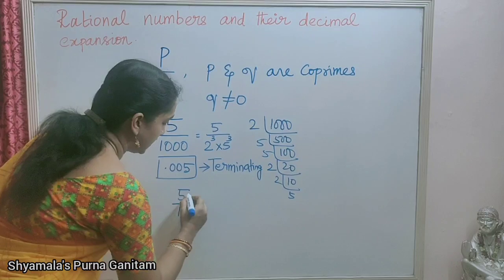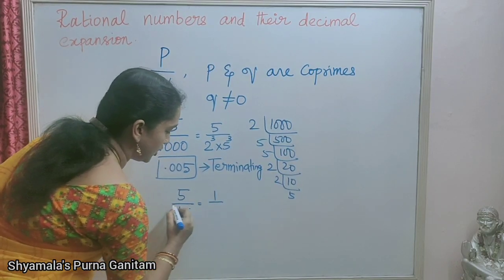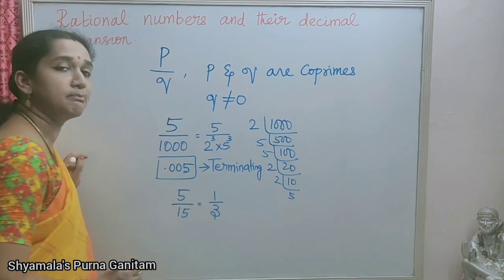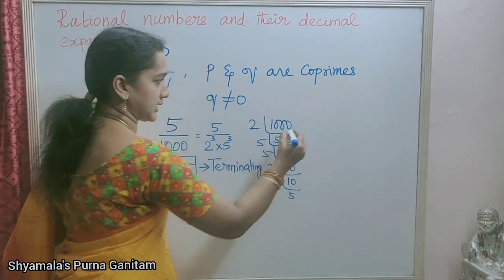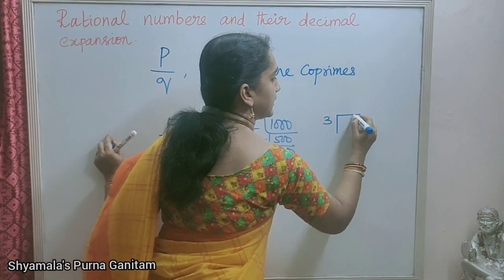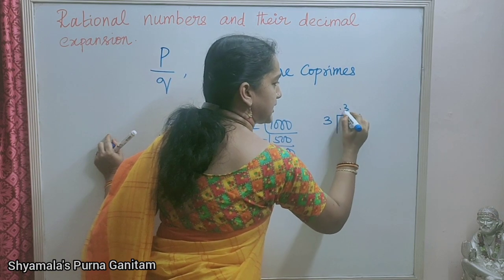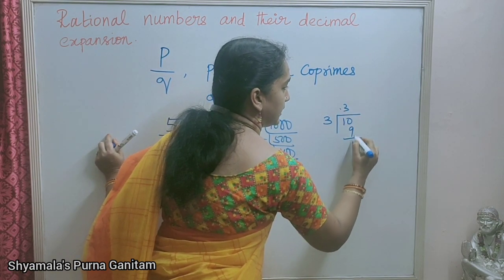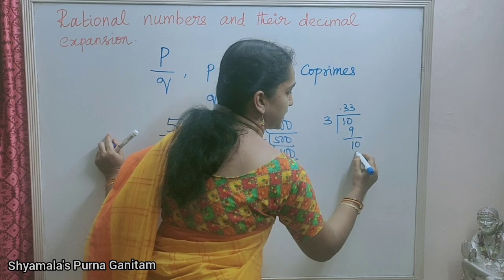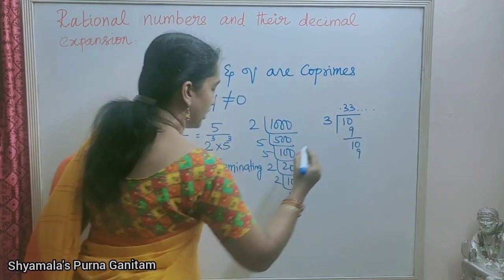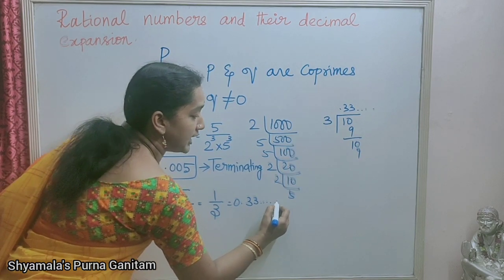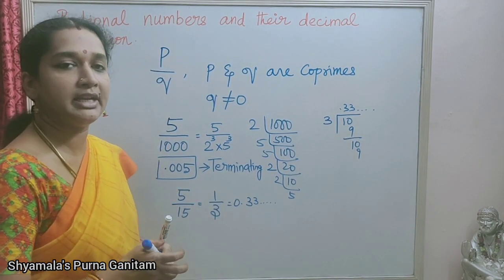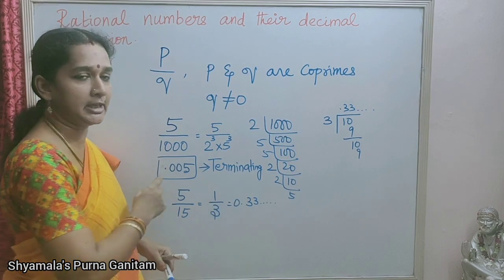Here, they are not co-prime numbers. When you simplify this, you will get 1 by 3. When you find the decimal expansion for this, 3 times 3 goes 9, again 3 times 3 goes 9, it goes on and on. So the decimal expansion is not terminating, meaning it does not stop at any point.